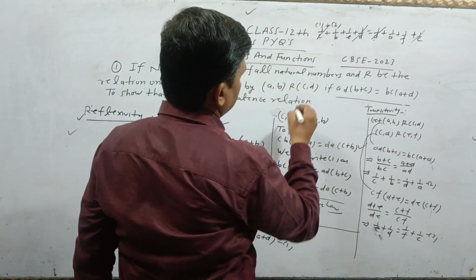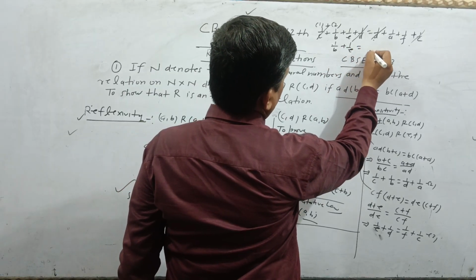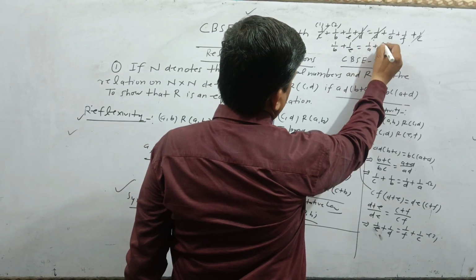So we will get 1 upon B plus 1 upon E is equal to 1 upon A plus 1 upon F.